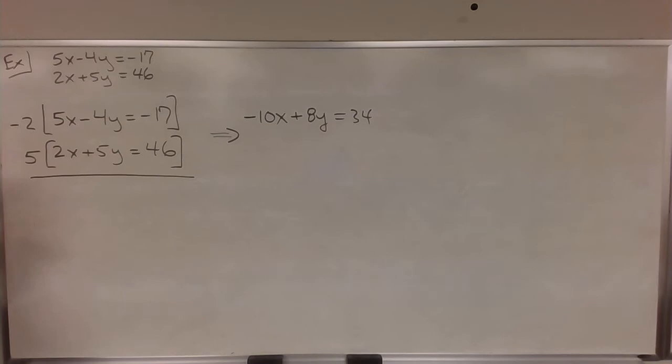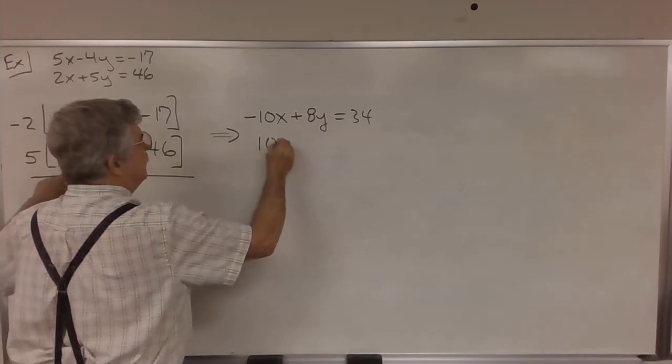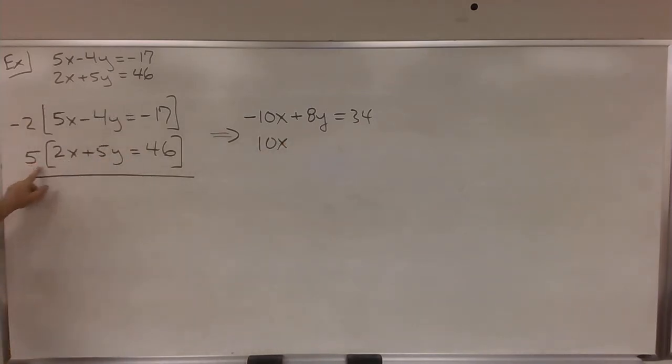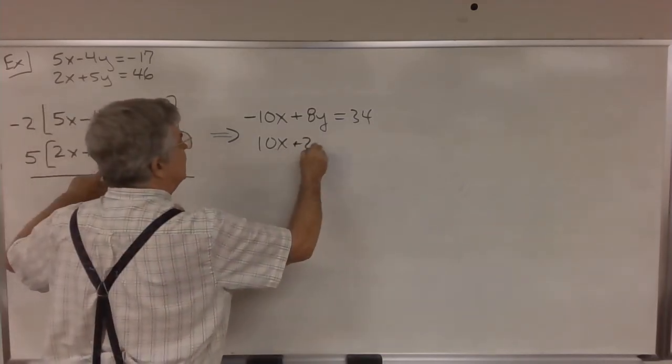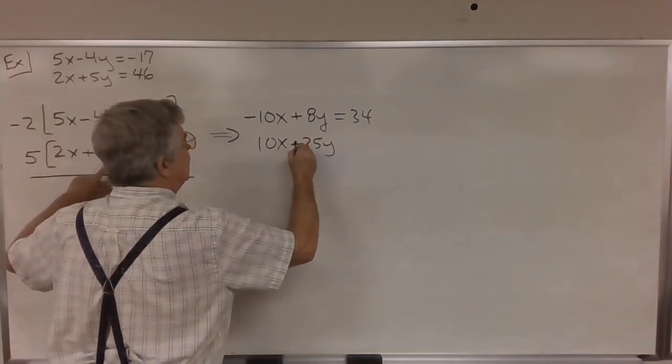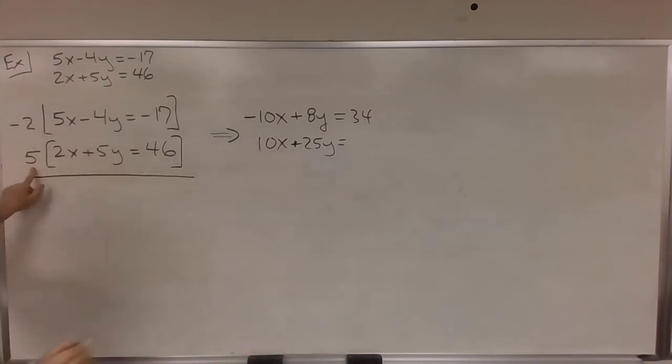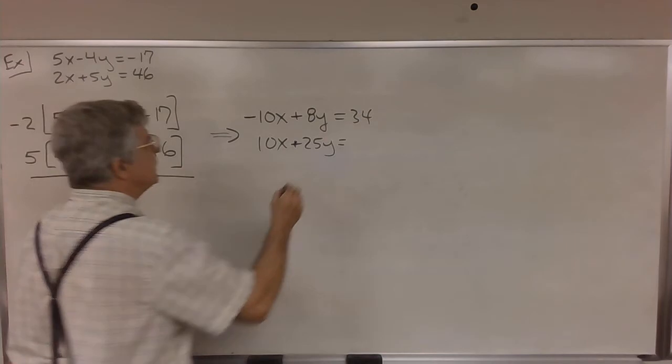Now I do the same thing with the second equation. 5 times 2x is 10x. 5 times 5y is 25y. And 5 times 46 is 230, I hope.